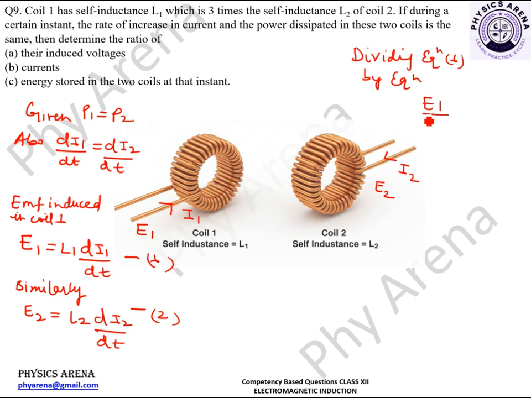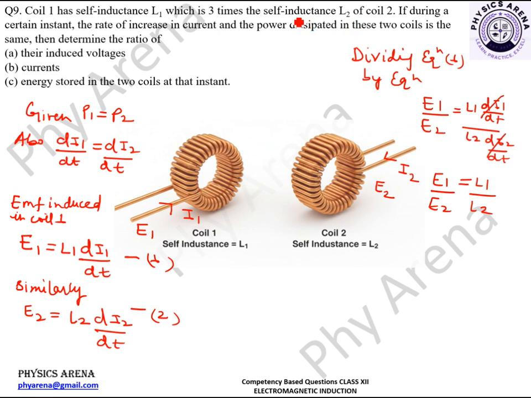So we have E1 upon E2 is equal to L1 times dI1 by dt divided by L2 times dI2 by dt. And it is given to us that the rate of change of current in coil 1 at an instant t is equal to the rate of change of current in coil 2. So we can cancel these two out and we are left with E1 upon E2 is equal to L1 upon L2.